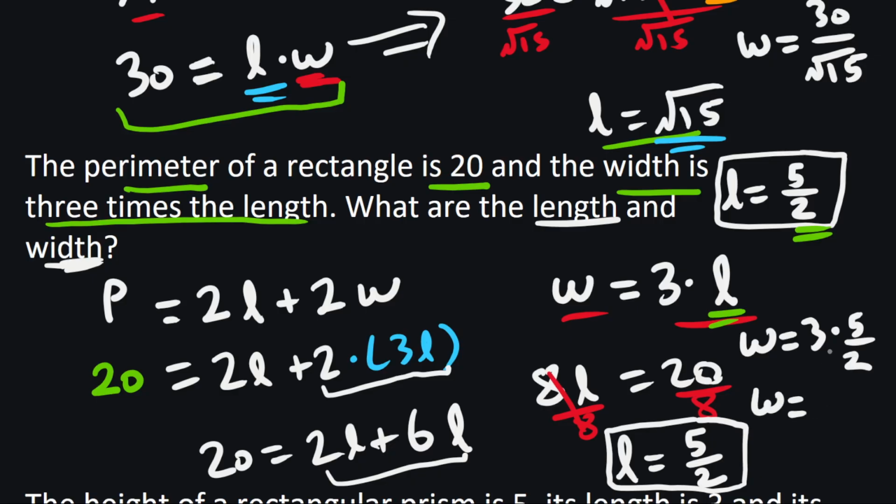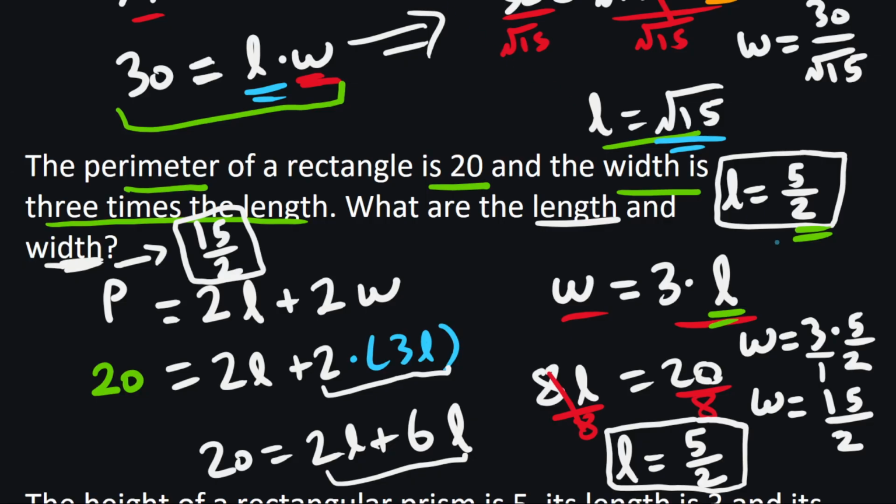So what is 3 times 5 over 2? Well, this is just multiplying fractions. This is really just 3 over 1 times 5 over 2. What's 3 times 5? That is 15. And what's 1 times 2? That is 2. And we can't simplify it any further. That's just 15 over 2. So that is our width. Our width is 15 over 2.